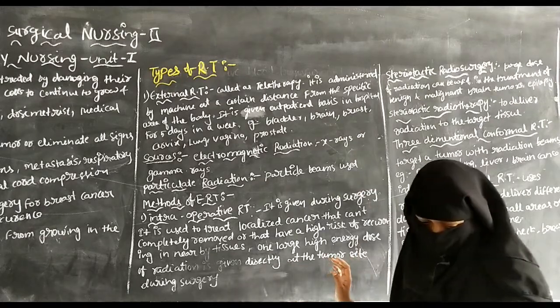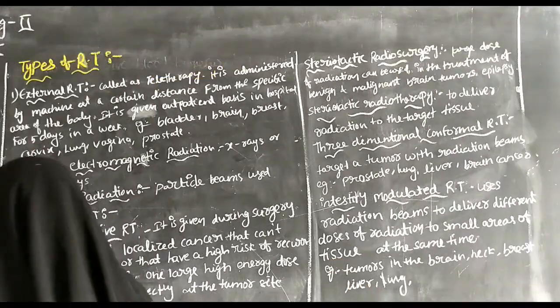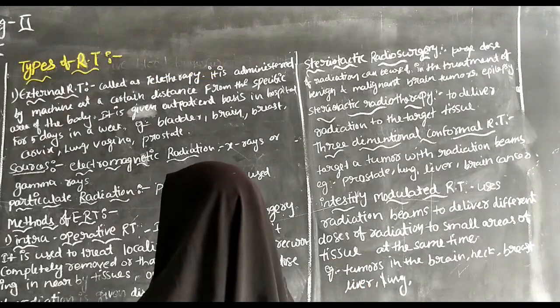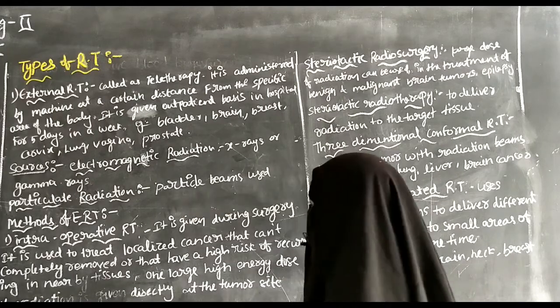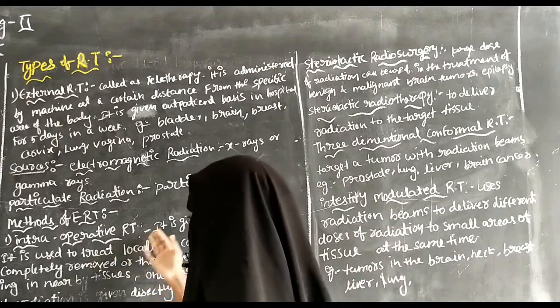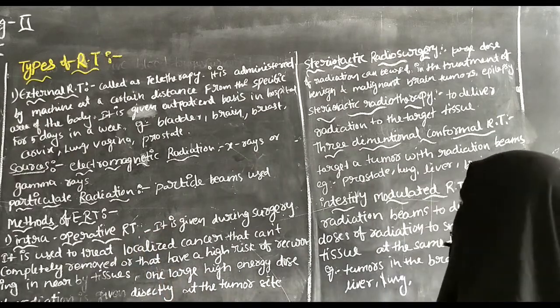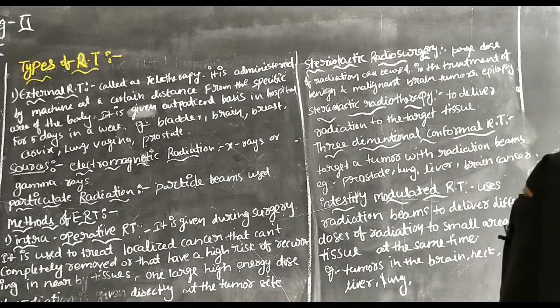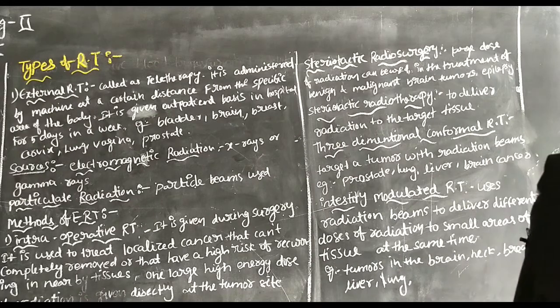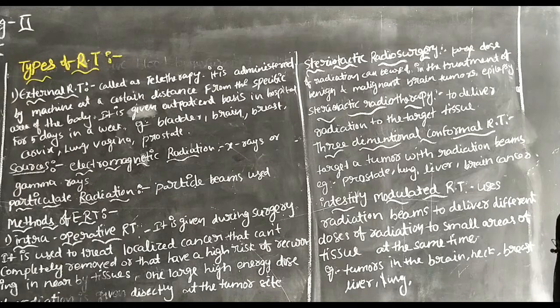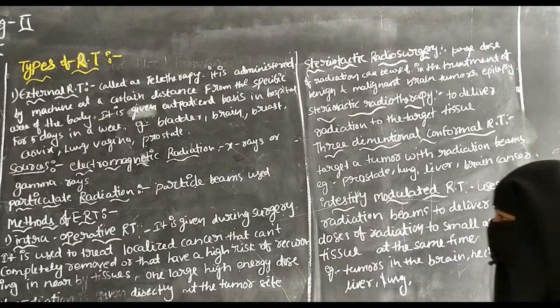Next we will discuss the methods of external radiation therapy. There are methods including intraoperative radiation therapy, stereotactic radiosurgery, stereotactic radiotherapy, 3-dimensional conformal radiation therapy and intensity modulated radiation therapy.